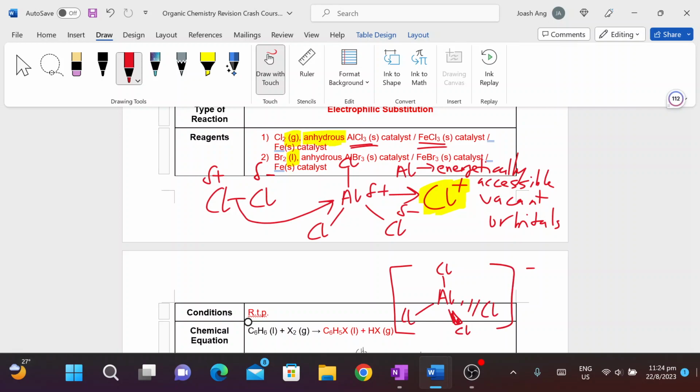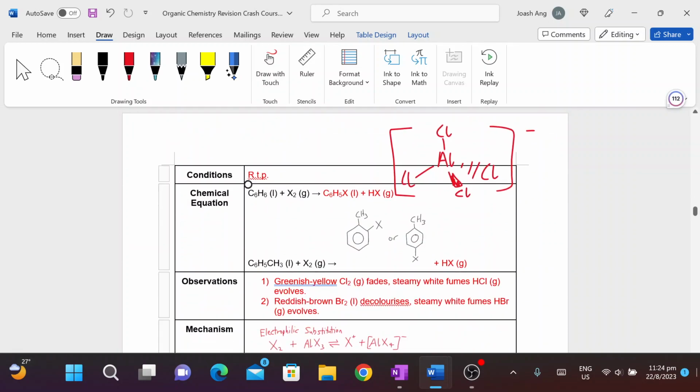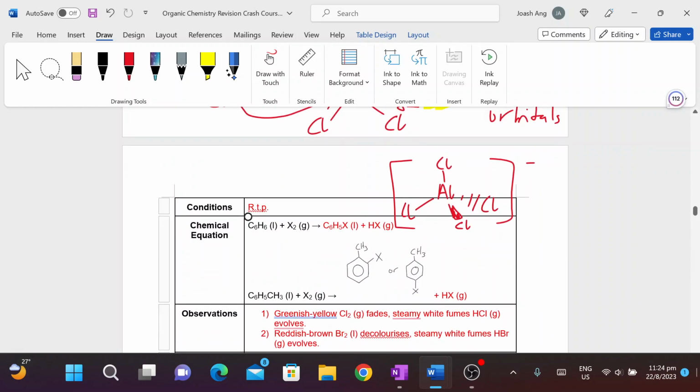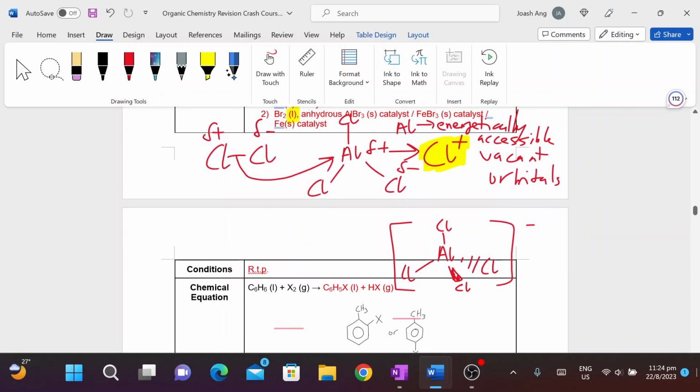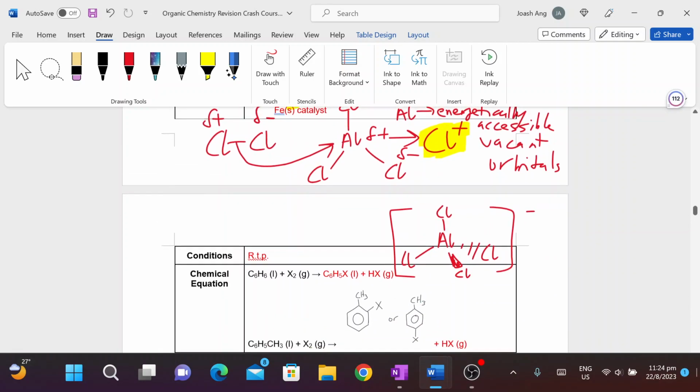And this whole thing is negatively charged, because the chloride anion is being added onto the aluminum chloride.